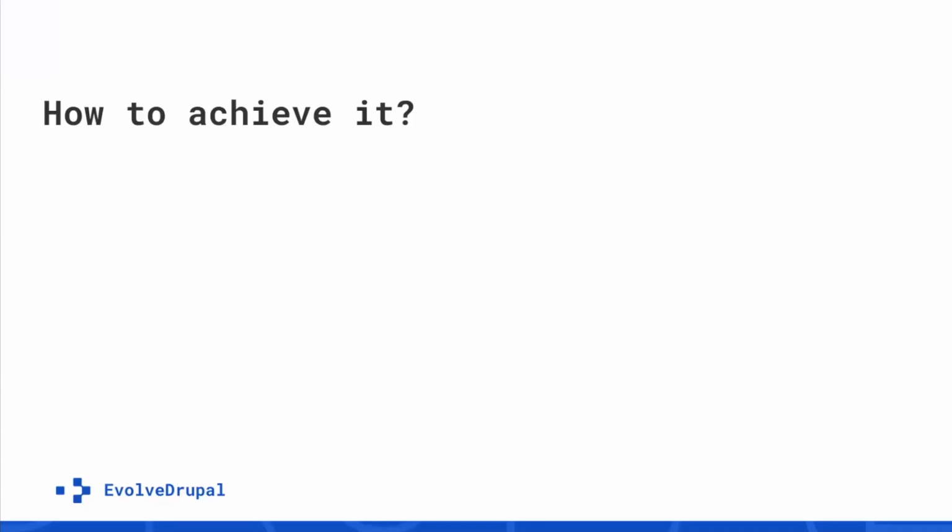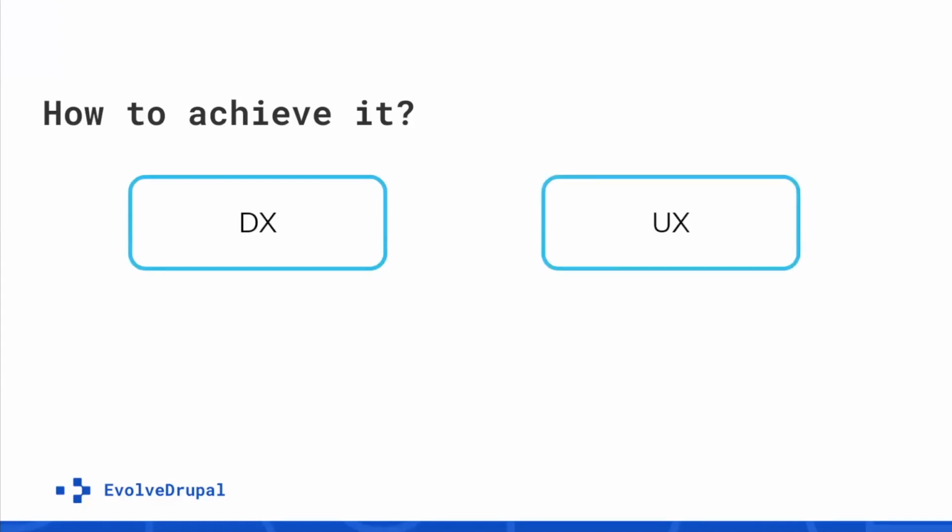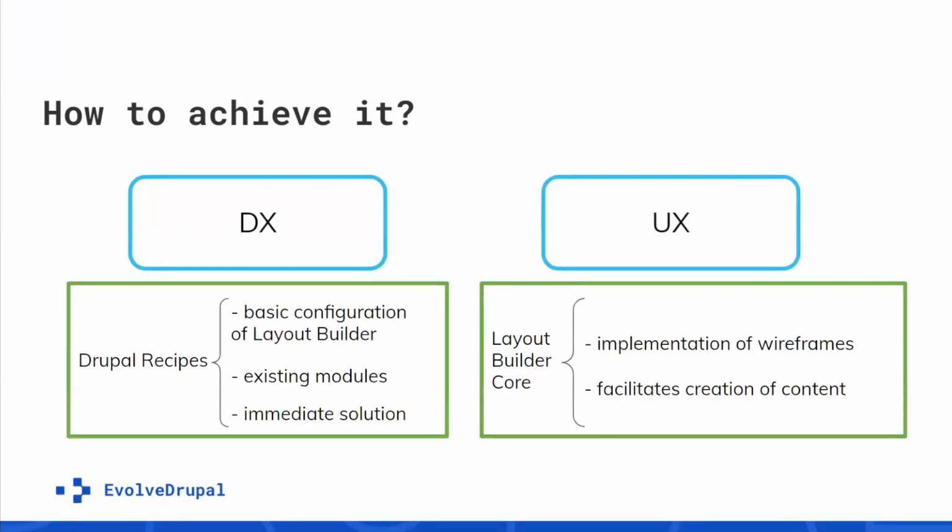There are already certain initiatives in core to make that better and to have an actual page building experience that is useful and easy for users. There's already investigation going on in that matter. And we're also thinking about improving this by making two things: first, developer experience, and second, the user experience as such.